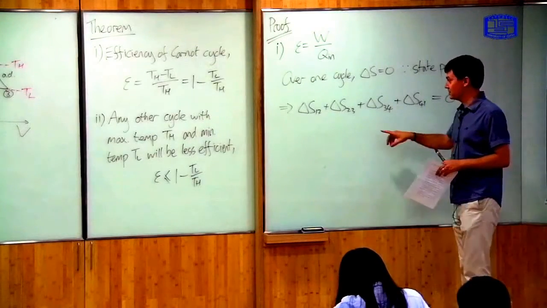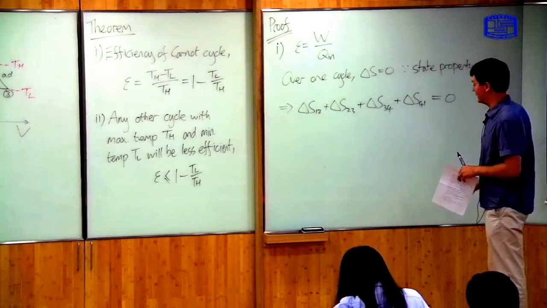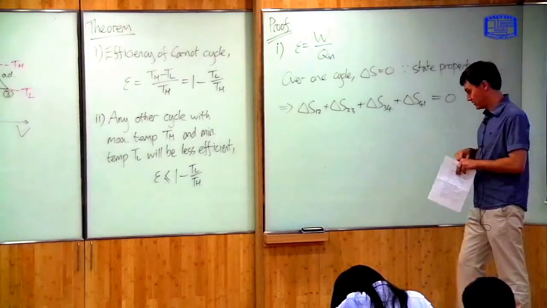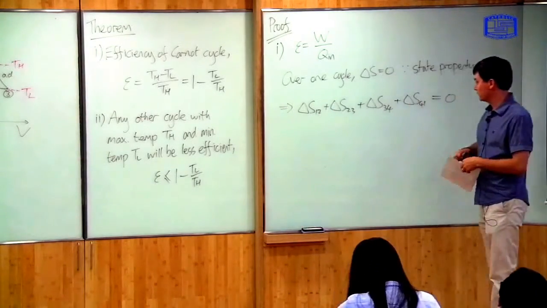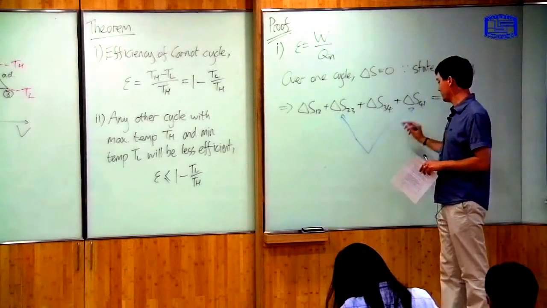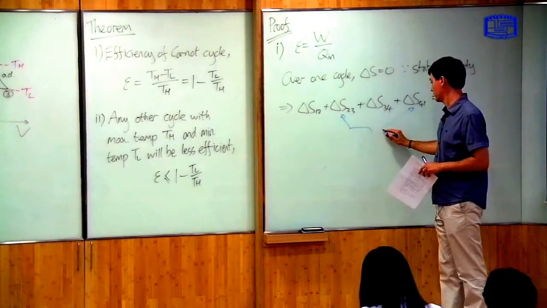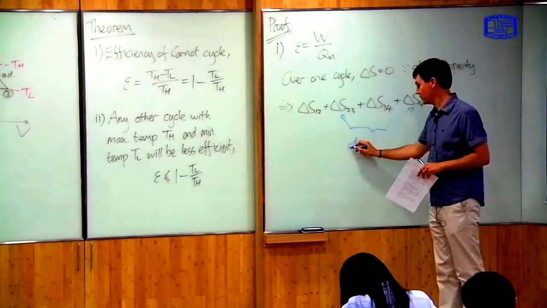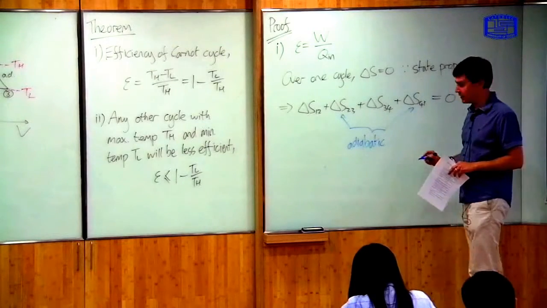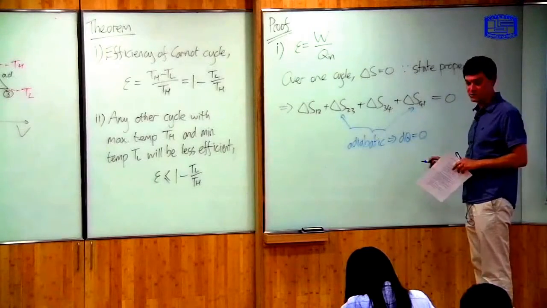But 2 of these stages, namely the stage 2 to 3 and the stage 4 to 1, are adiabatic processes. Adiabatic implies that there is no change in heat, that's the definition of adiabatic.